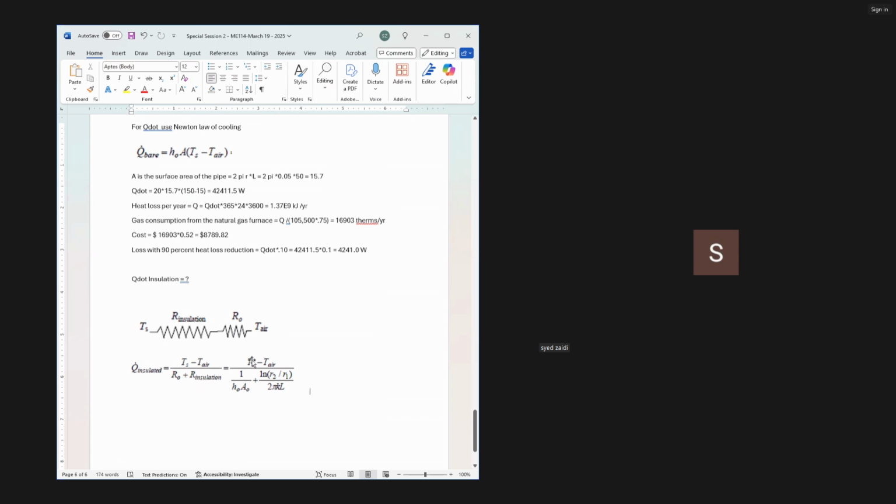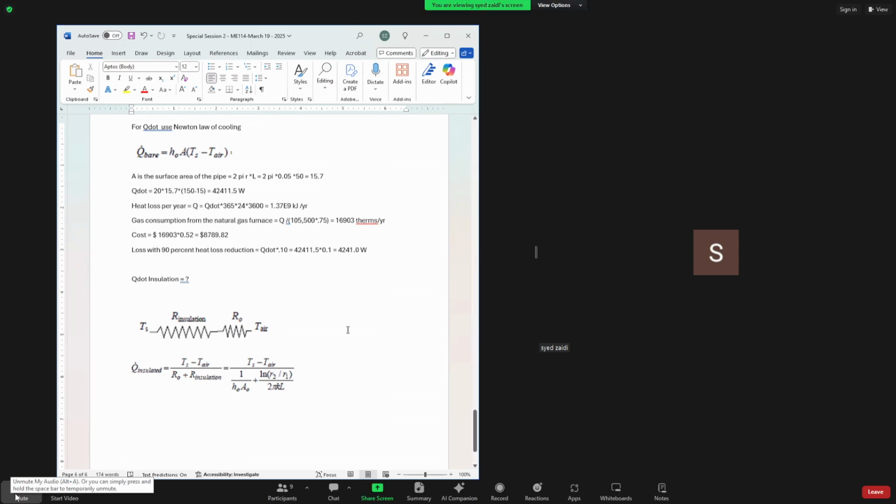Now R is 1 over H0 A0, and R for insulation, because it is a radius, will be log R2 over R1 over 2 pi KL. This is the formula for R for cylinder. If it would be a slab, this R insulation will be LK over something, so that formula is different.